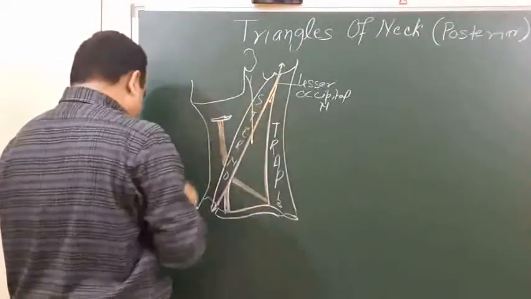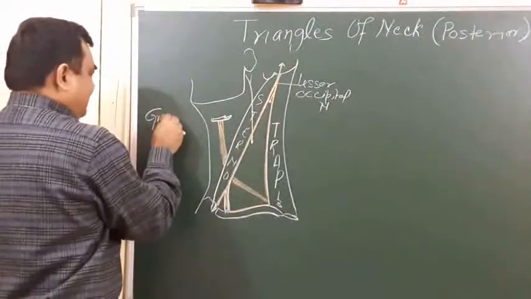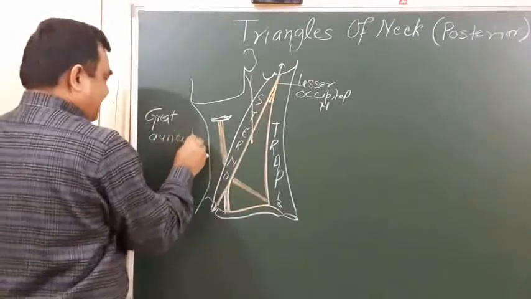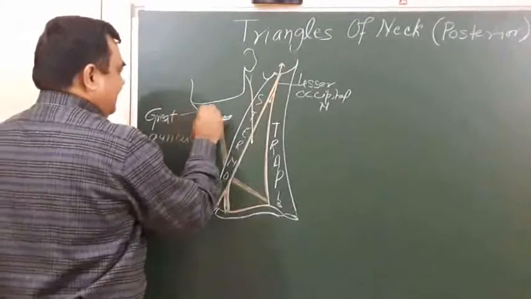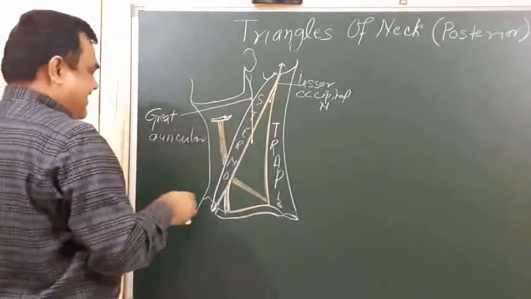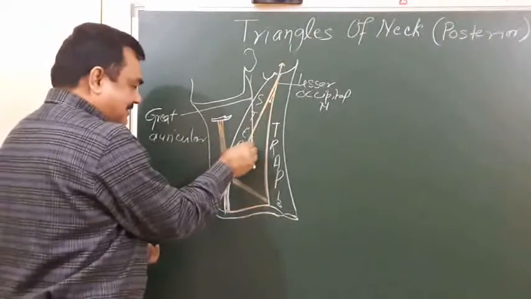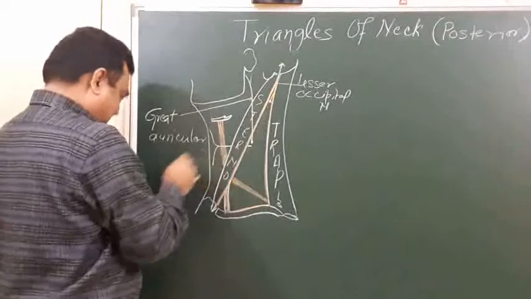This is the great auricular nerve. And here is the anterior cutaneous nerve of the neck.